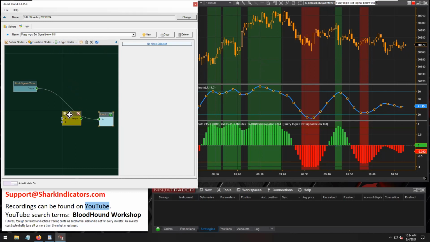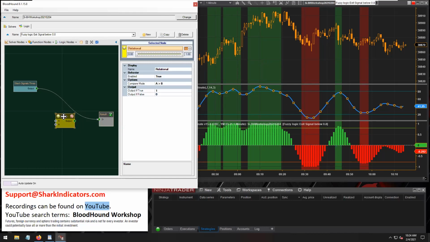This guy does not get a lot of use, but when it does, it definitely comes in very handy. It's called the relational node because it does all these comparisons, right? It checks all of these relationships between input A and input B.